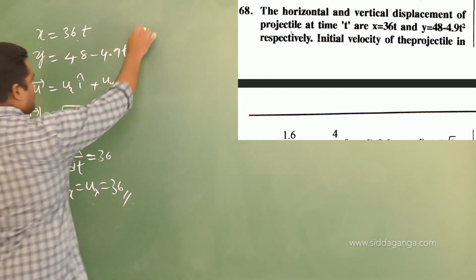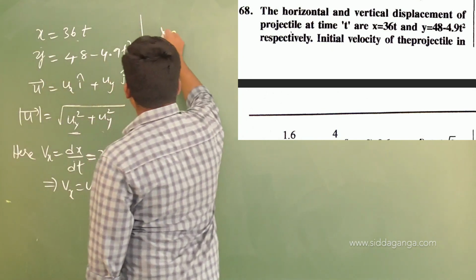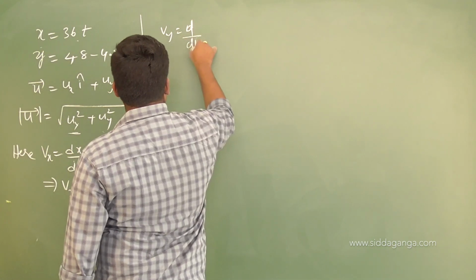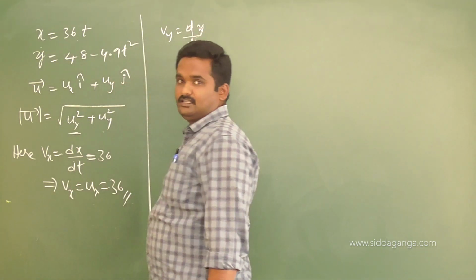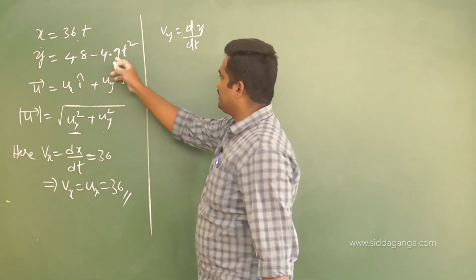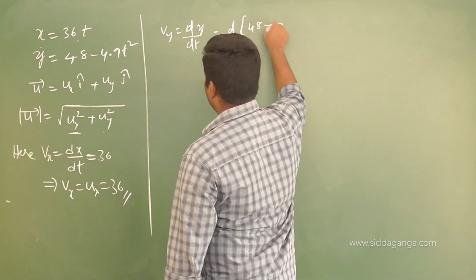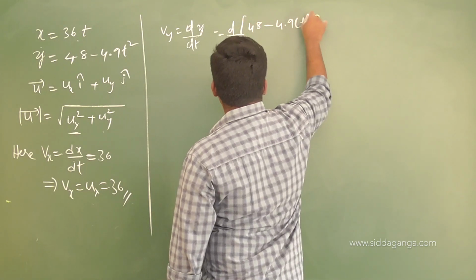Now how to find the value of Uy? Vy equals d by dt of y, the vertical displacement. What is the vertical displacement? This is d by dt of 48 minus 4.9 into t square.